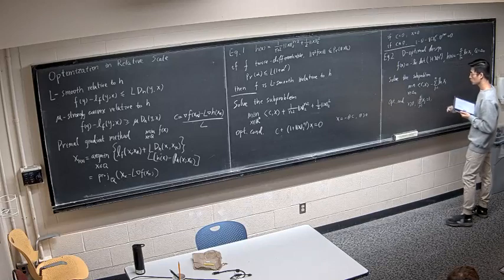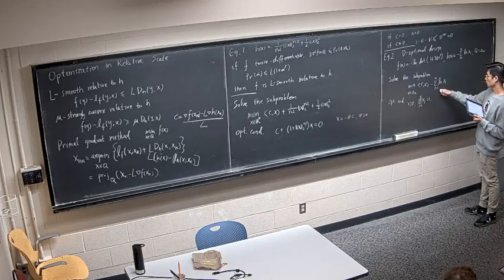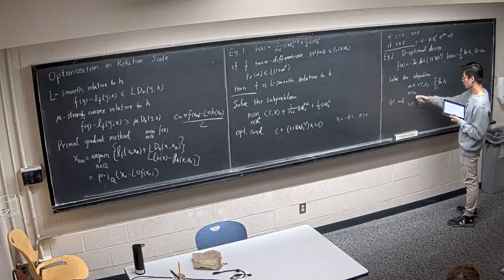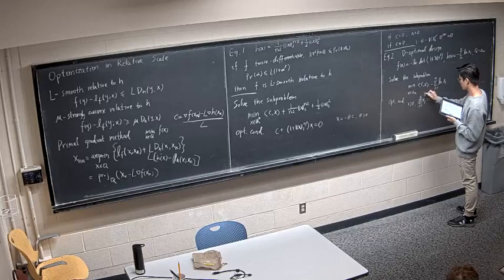And the other one is to set the gradient of the Lagrangian function to be 0, right? And here we associate this constraint with a Lagrange multiplier zeta.